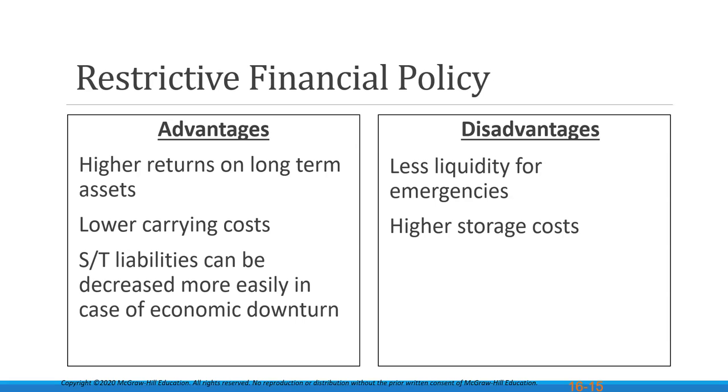We have lower carrying costs, and carrying costs are costs of keeping inventory, so storing inventory, managing inventory, having insurance on inventory, and our short-term liabilities can be decreased easily in case of an economic downturn. Disadvantages are that we have lower liquidity for emergencies, and we have higher shortage costs.